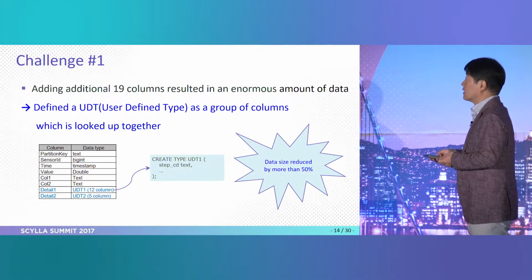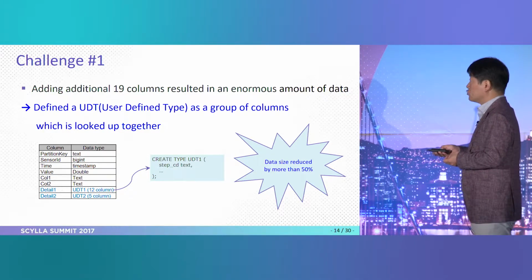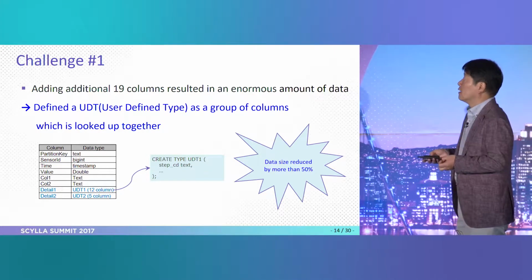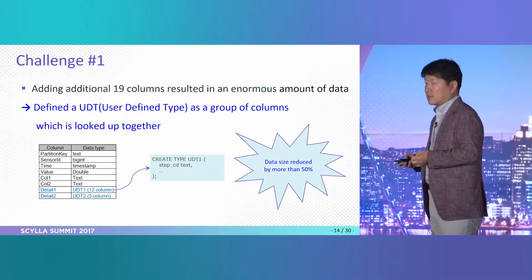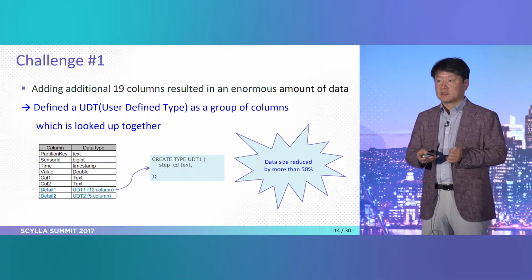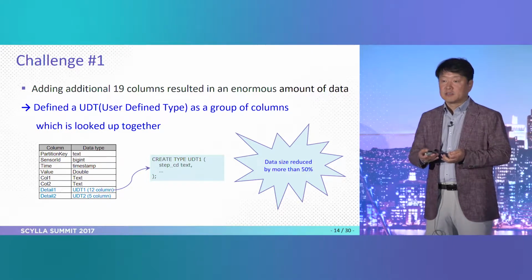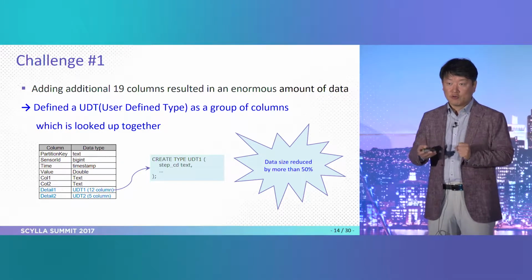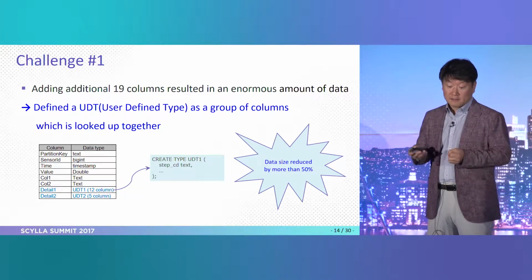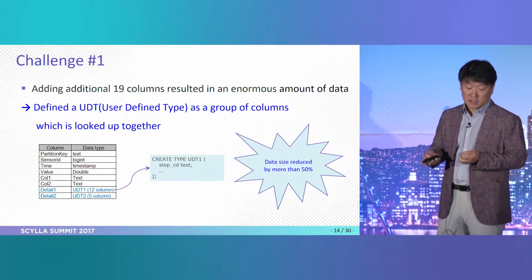First thing is, as you can see, adding the additional 19 columns results in a huge amount of data. As you know, all of the columns in NoSQL store the metadata also, so the data size increases exponentially.